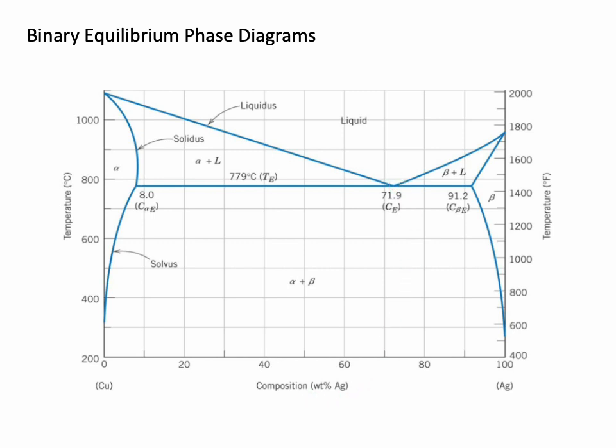And I can write that eutectic reaction as liquid at 71.9 weight percent silver, when it's cooled through the temperature 779, transforms to alpha, one of the solids, and there's the composition of the alpha, 8 weight percent silver.